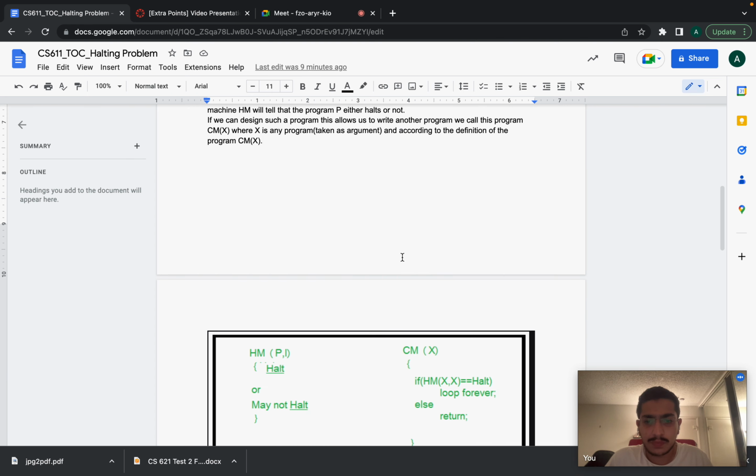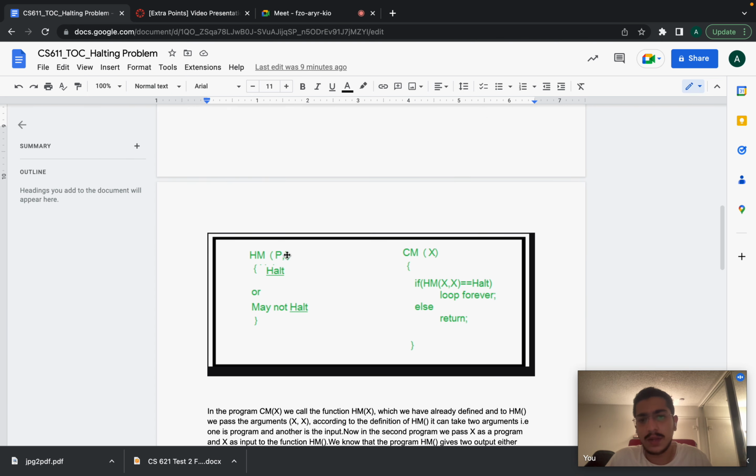HM will take P, the program, and I as arguments. So it'll either halt or it may not halt. And this is the subprogram, the CM machine. It has the program X, and it will check if X halts or if it will loop forever.